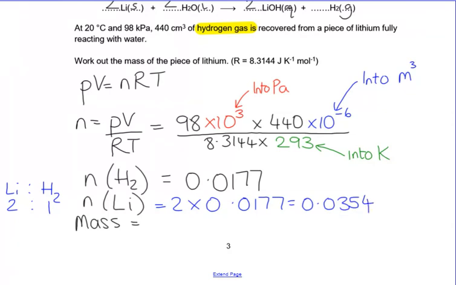That's 0.0354, and then the mass of lithium will be the AR of lithium, 6.9, times by the moles, and you're going to get that as 0.244 grams. So you're getting 440 centimetres cubed of hydrogen from such a small amount of lithium, a lot of gas.